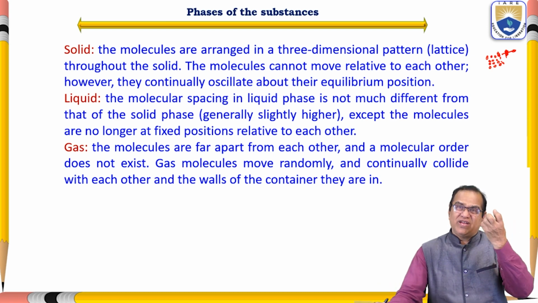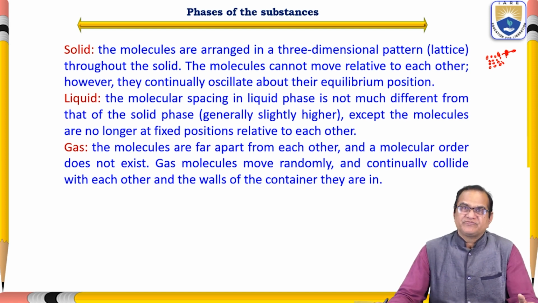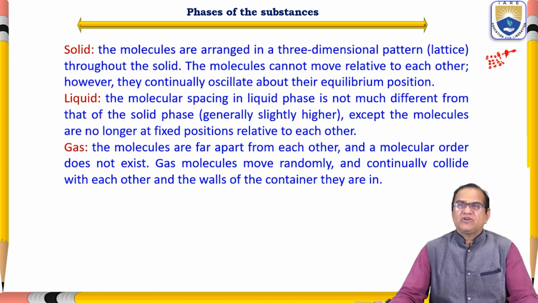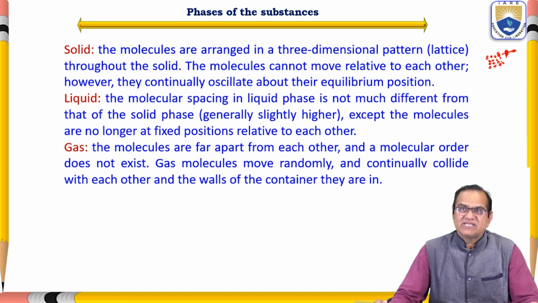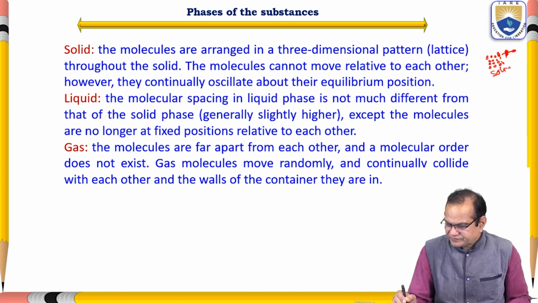So a solid has a very large attraction force between the molecules. Now what is the liquid? The molecular spacing in the liquid phase is not much different from that of the solid phase, generally slightly higher, and the molecules are also arranged in a systematic way.